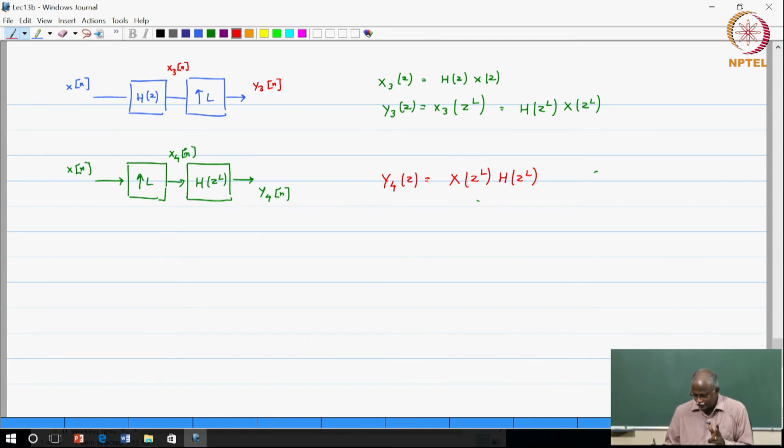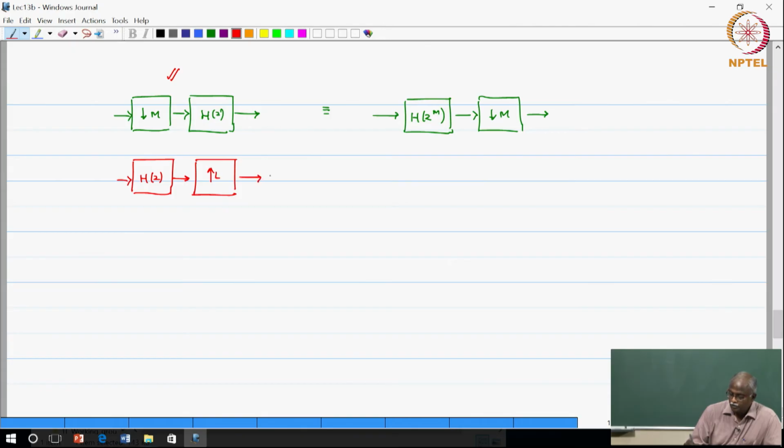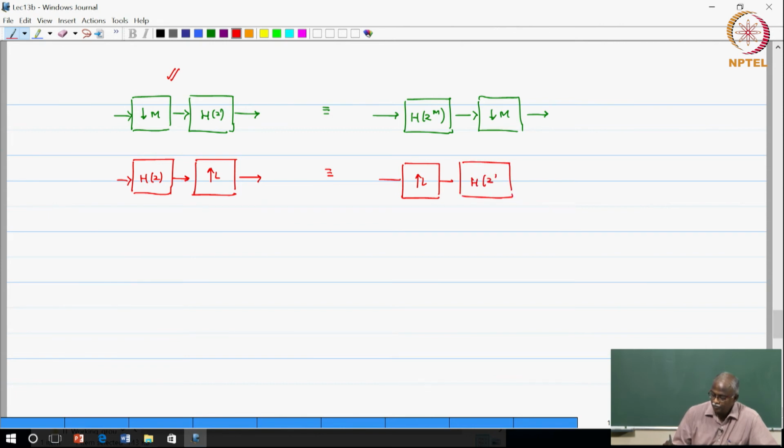Let us capture that information in our result, which says that if I have a filter h of z followed by an upsampler, this is identically equal to an operation where I have upsampling by a factor of L followed by h of z power L. These are exactly equivalent.